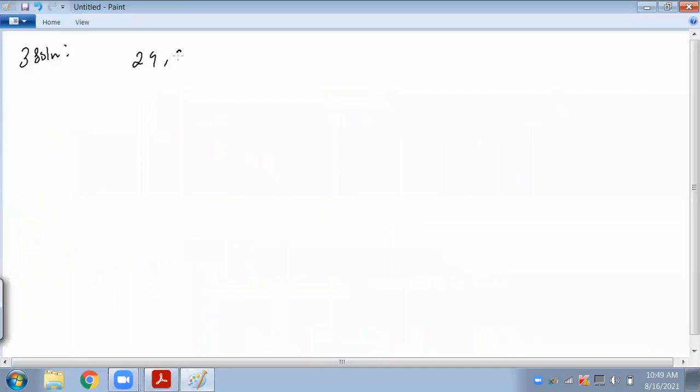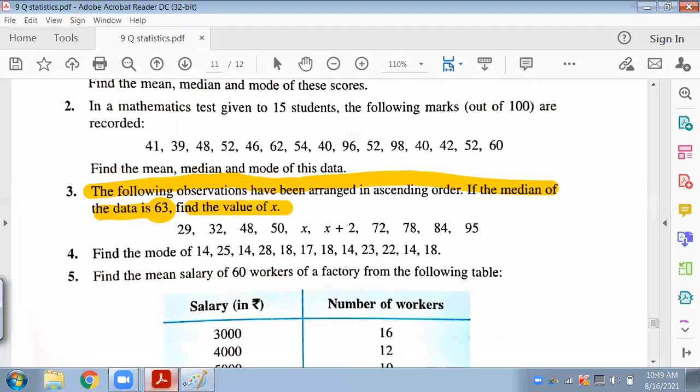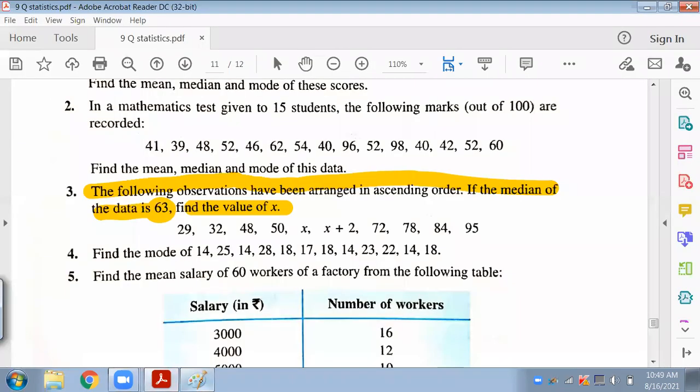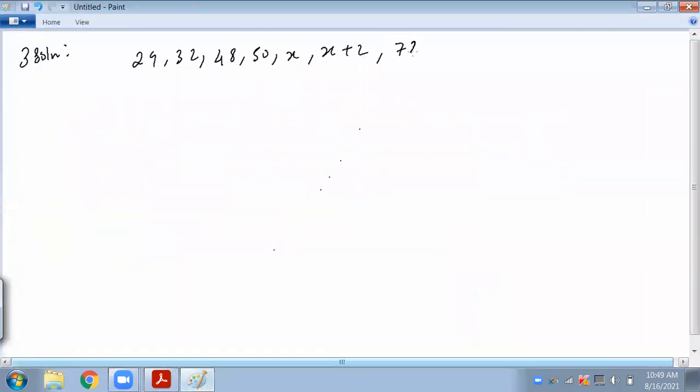So 29, 32, 48, 50, x plus 2, 72, 78, 84, 95. And here n is 10, and 10 is what? Even.